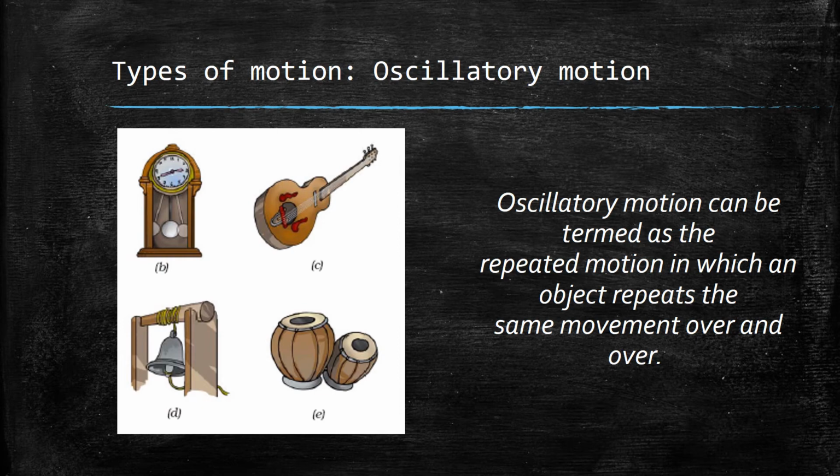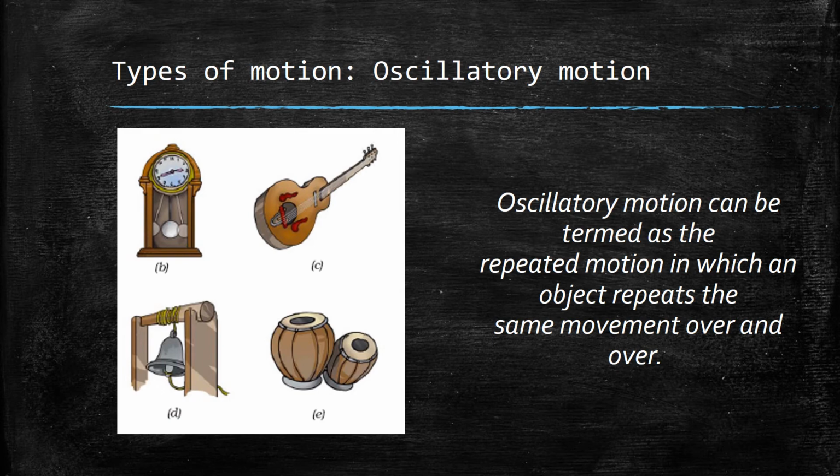The same way are the strings of a guitar. When you strike or strum a guitar, the wires inside it move in an oscillatory motion. The gong of a bell, when you go to temples and ring the bells, the gong moves from one side to another and returns to its original place, or starting point, after a certain period of time.